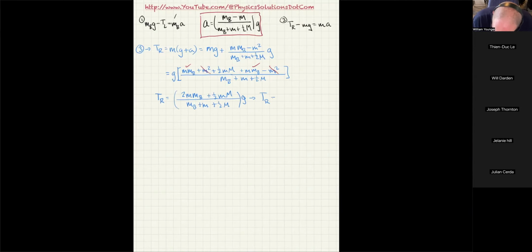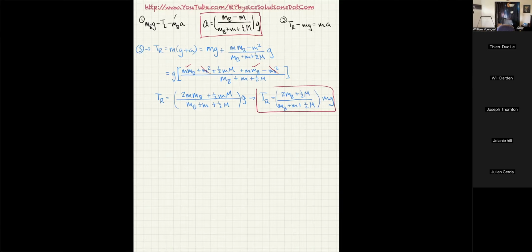And what I see is what I was trying to do was pull out that MB, but I didn't have a common factor of that in both terms. So I'm going to use the lowercase m. So now what I'm going to have is 2MB plus 1/2 M over MB plus M plus 1/2 big M, all of that times lowercase mg.